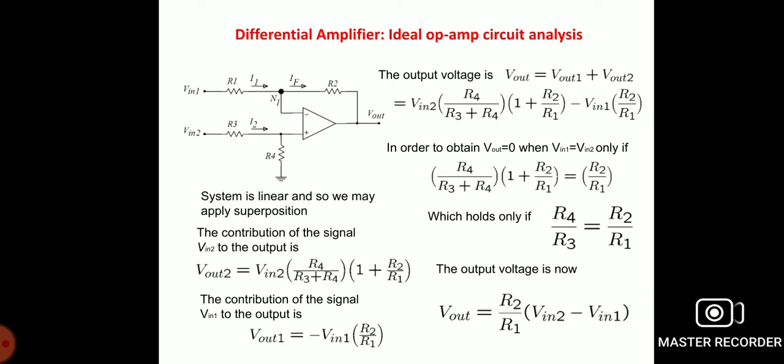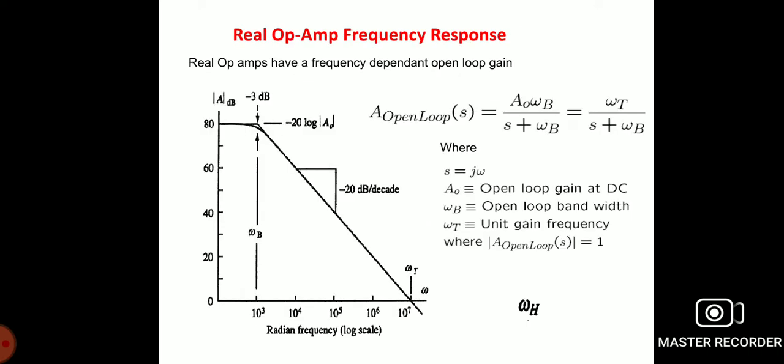Now we are going to discuss the frequency response of the differential amplifier, the real operational amplifier frequency response. The real amplifier has a frequency-dependent open loop gain. So the open loop gain is equal to A naught into omega B divided by S plus omega B, where S is j omega.